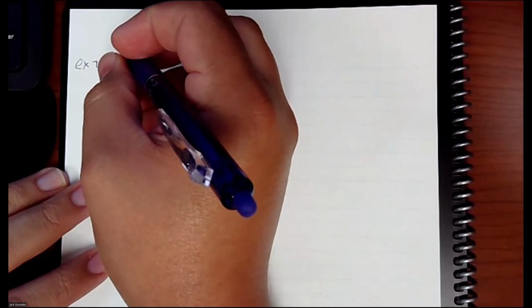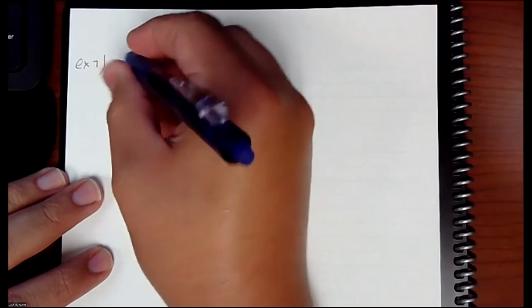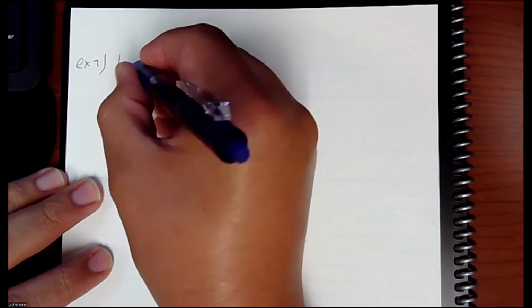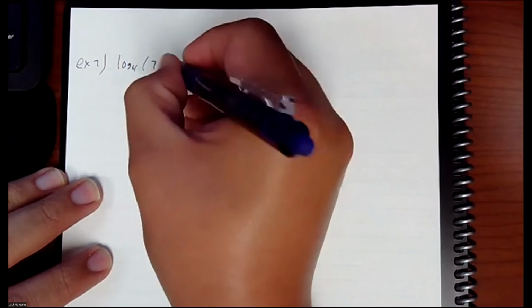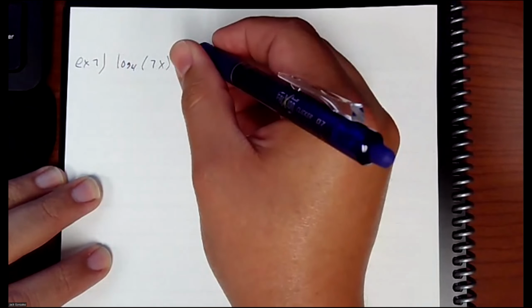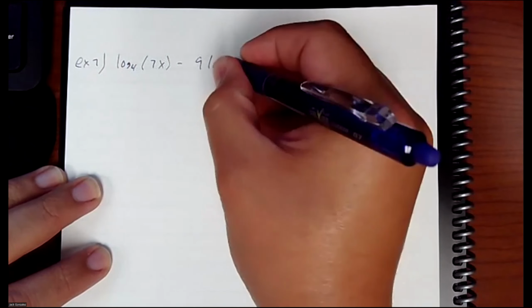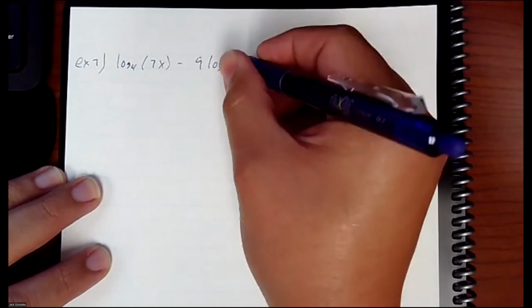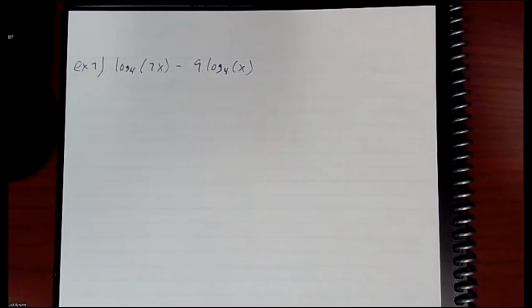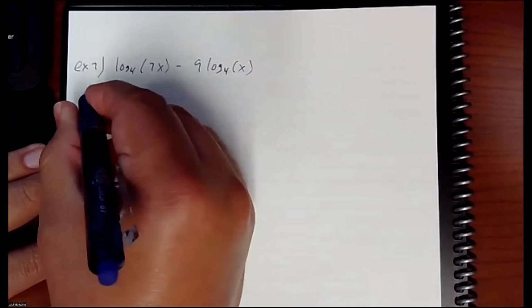Let's pick something simple. Log base 4 of 7x minus log base 4 of x. You can only combine them if they have the same base. So they both got to be 4 or 2 or common or natural. Otherwise, you can't do anything.